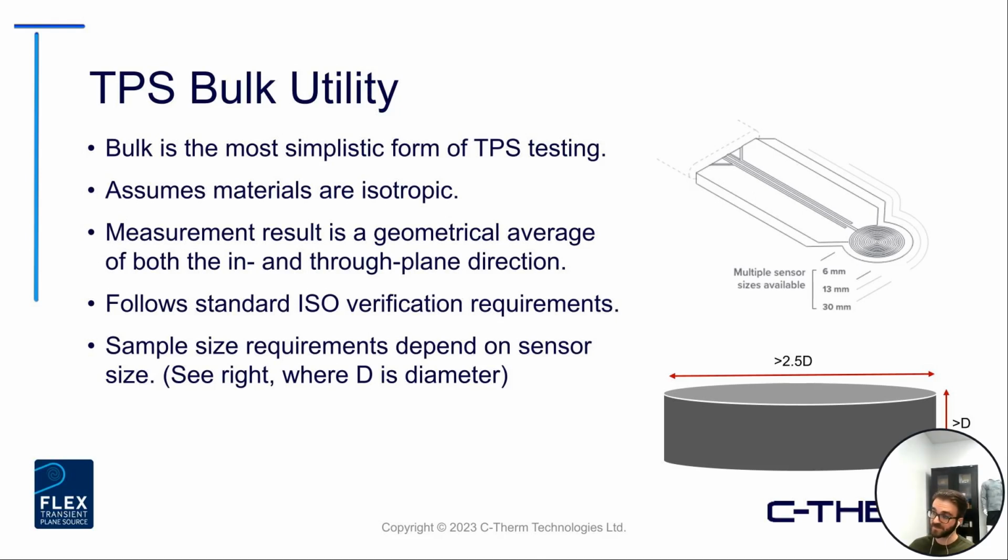So you can see there's a 6, 13, and 30 millimeter size option. The diameter of your test sample needs to scale 2.5x the diameter of the sensor, and the thickness of your test sample will scale 1x the size of the sensor's diameter. And again, keep in mind that where this is a double-sided method, you will need 2 samples produced, one on top and one on the bottom, to perform the measurement.